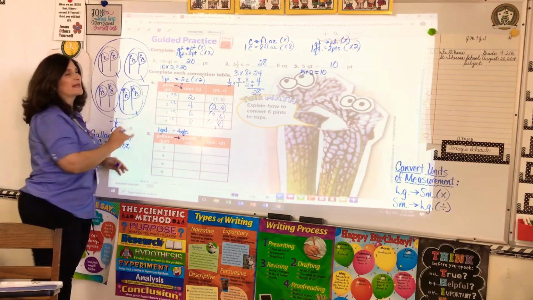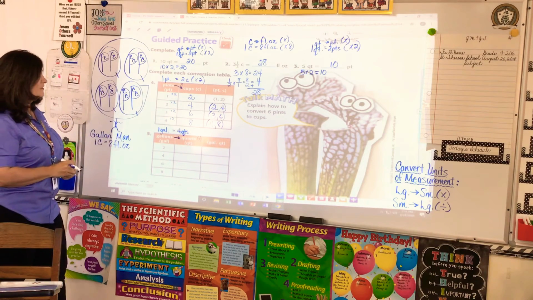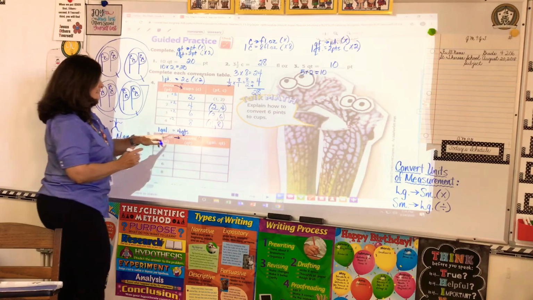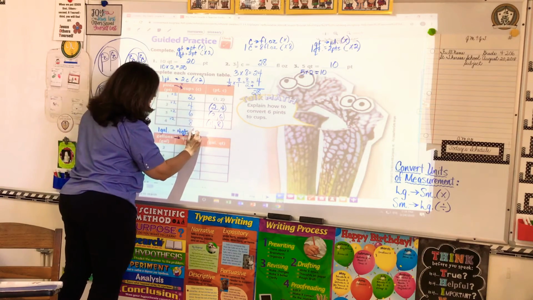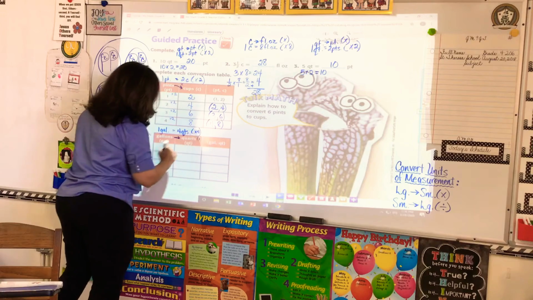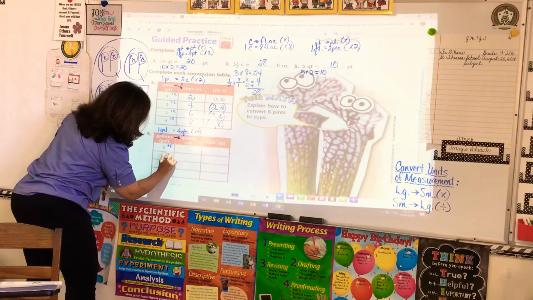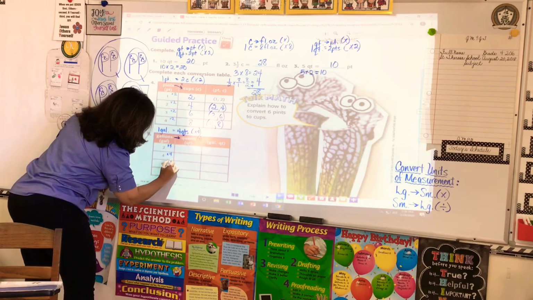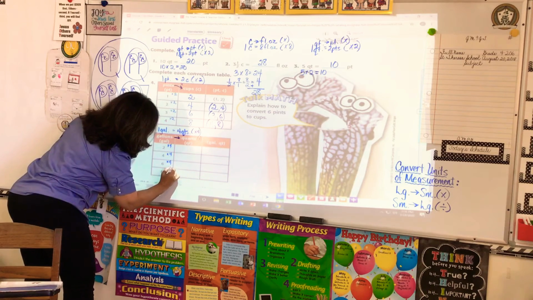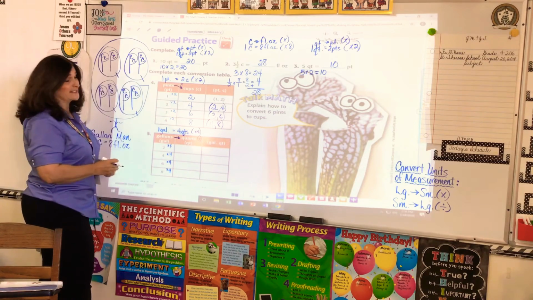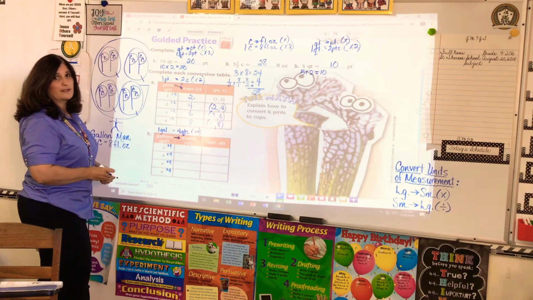I would reference back as much as you can, okay? So every time we have a gallon, and we go from gallons to quarts, we want to multiply times 4. So here's all our gallons, times 4, times 4, times 4, and times 4. Once again, these are all math facts. By you doing this, I know that's your work.